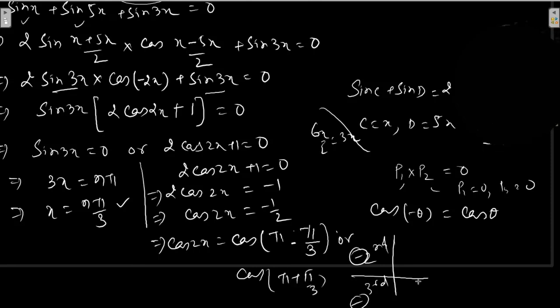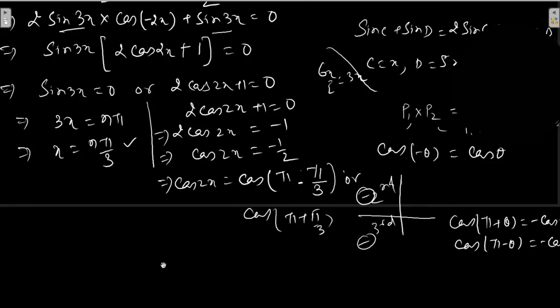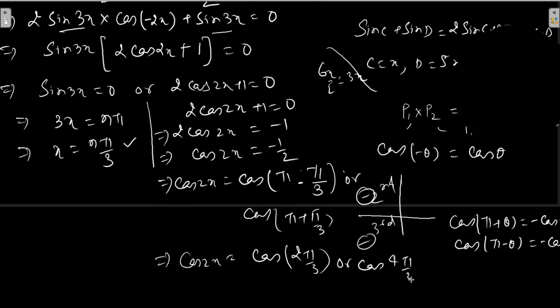In both cases, cos of pi plus theta is equal to minus cos theta, and cos of pi minus theta is also minus cos theta, right? You know that? So given this, cos of 2x equals, first one is cos of 3 pi minus pi by 3, which is cos 2 pi by 3, right? Or cos of 3 pi plus pi by 3, which is 4 pi by 3, alright.